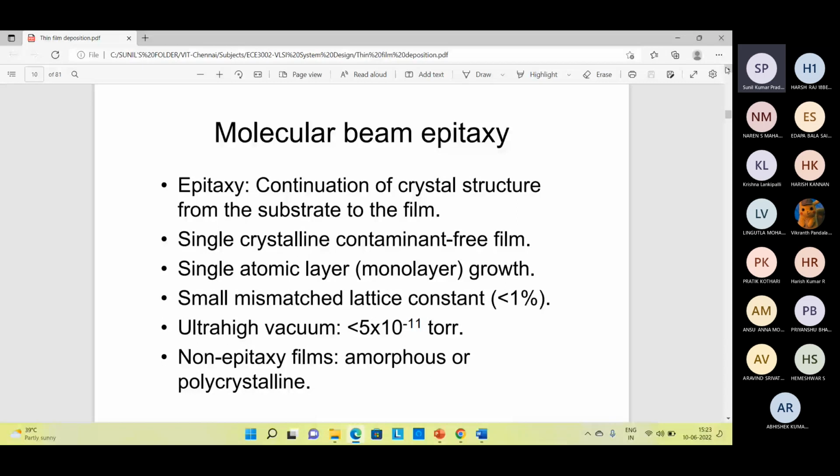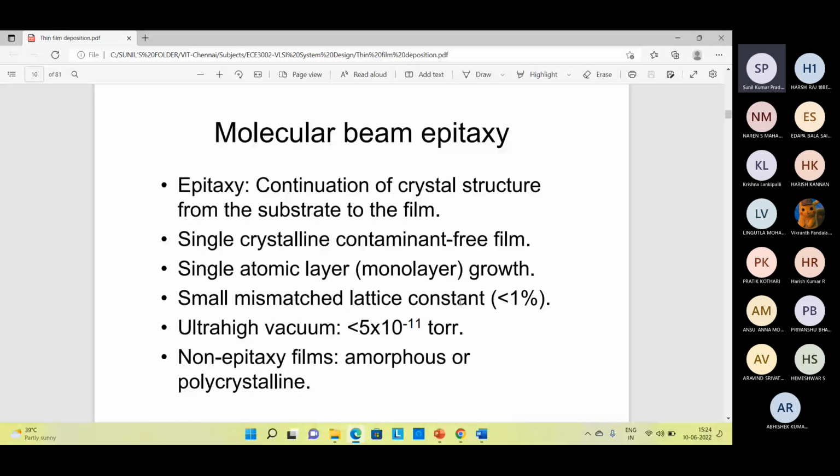The important thing is that molecular beam epitaxy is a physical vapor deposition technique. As the vacuum condition is very good, you can see that it is an ultra high vacuum condition, where our purity is very high.